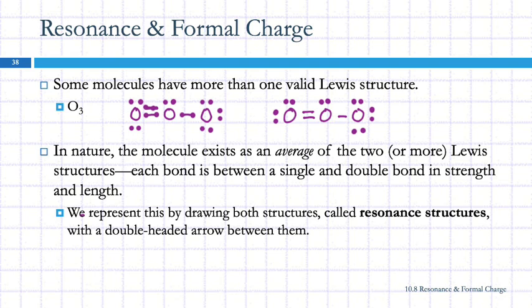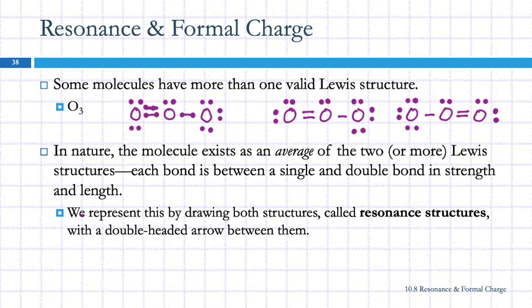So let's draw it the other way as well, with the double bond at the other end. Those are equivalent, right? They are valid Lewis structures for this molecule.